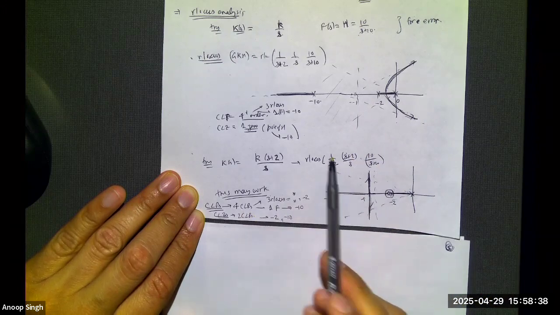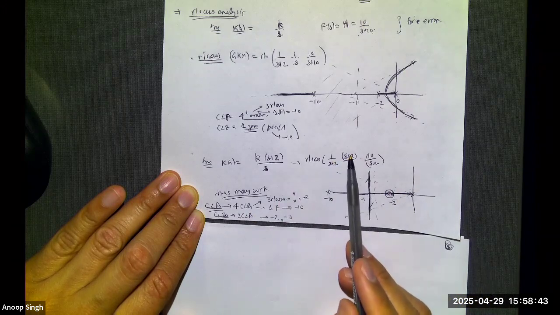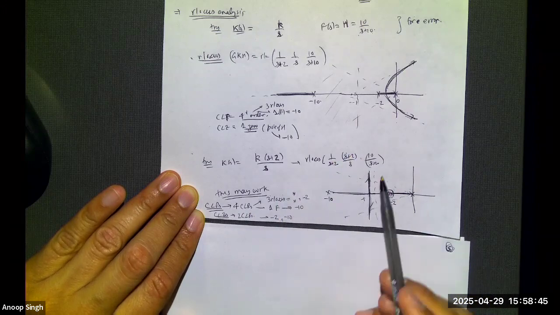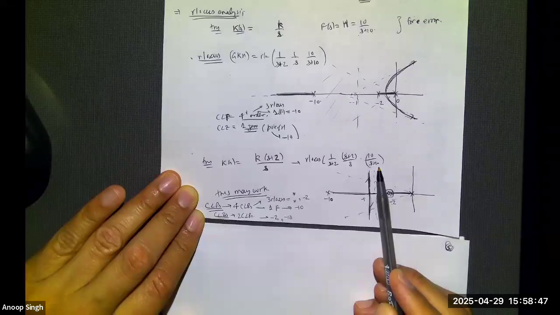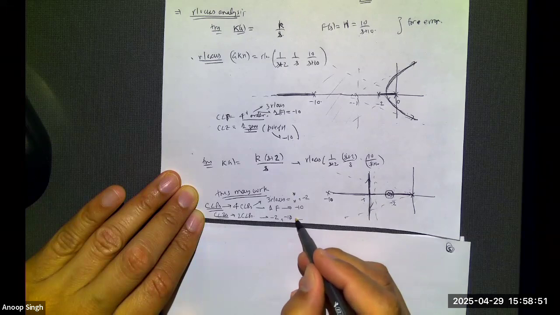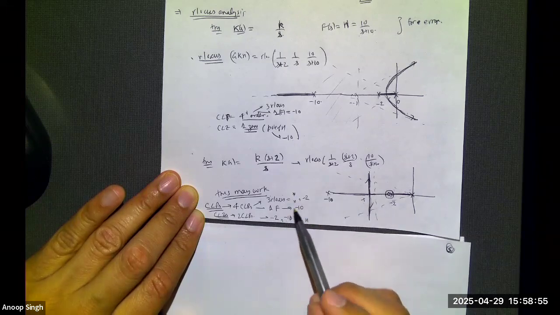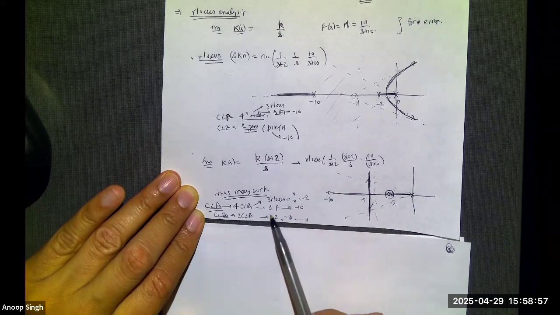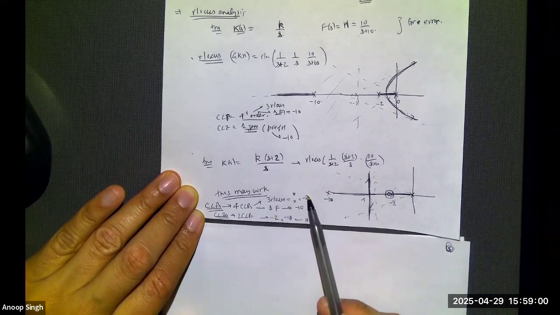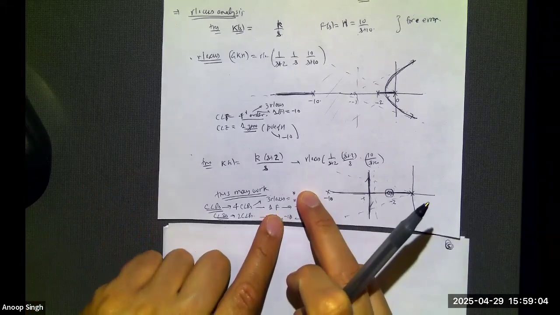So zeros of F, none, zeros of G, none, zeros of K, there is one, and then the poles of H. That's coming from the H. Effectively, what I notice over here is that this closed loop pole, this closed loop pole, and these closed loop zeros are canceling each other off.